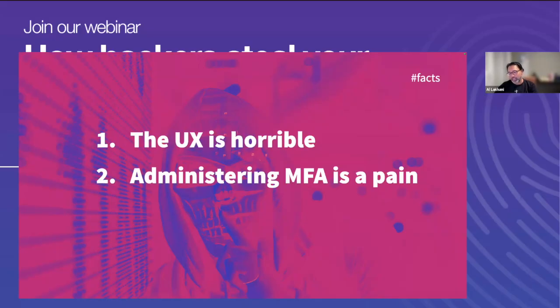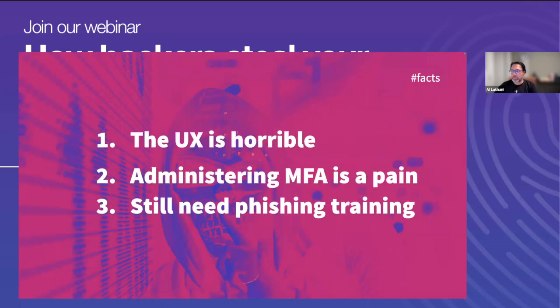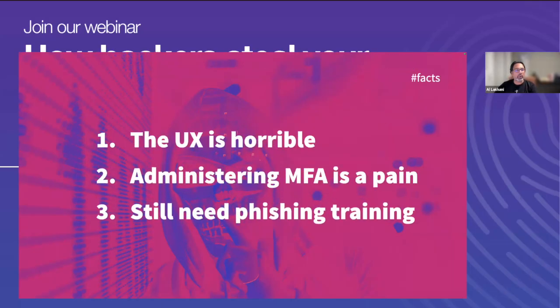And the thing that blows my mind is after all of this, you have another phone, you install an app, you set it up, you still need phishing training because it doesn't stop credential phishing attacks.